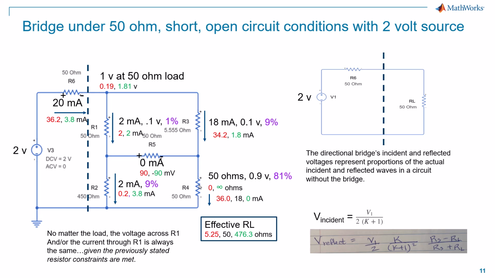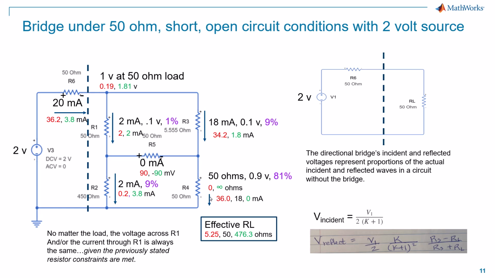And I should mention, I'm not showing it here, but if you were to actually try to formally prove that this load reduces to 50 ohms when R4 is also 50 ohms and the resistors are scaled accordingly as discussed on the previous slide, then you would have to resort to something like delta to Y transformations of R1, R5, and R3 to come up with a circuit where you can manage it using parallel and series combinations of resistors to reduce the bridge to 50 ohms. But we're not going through that exercise here in this video.